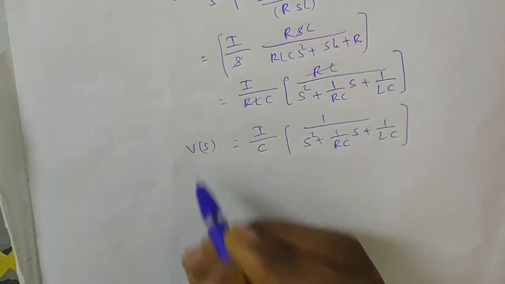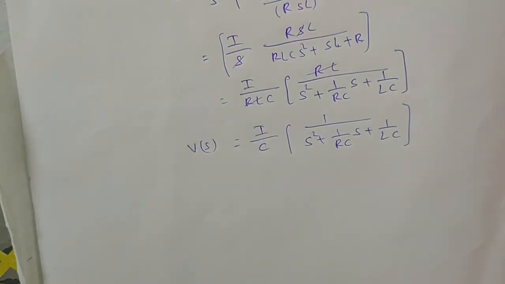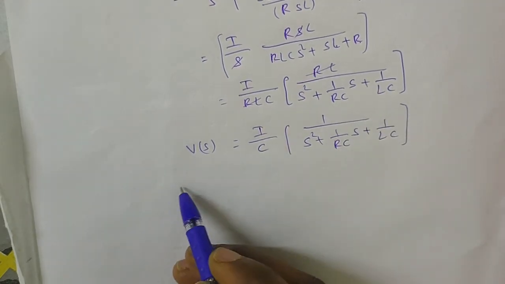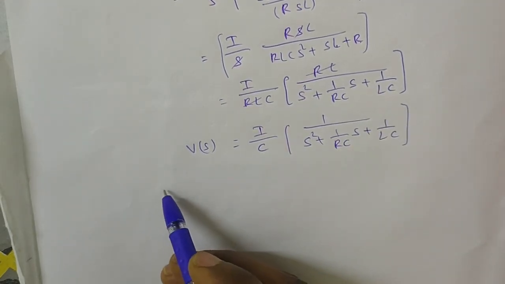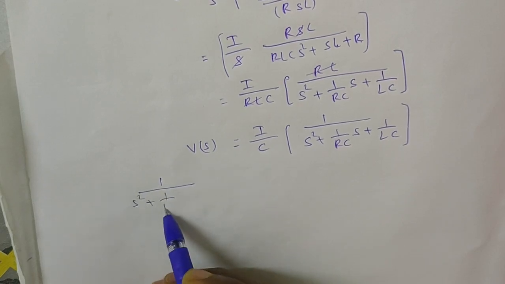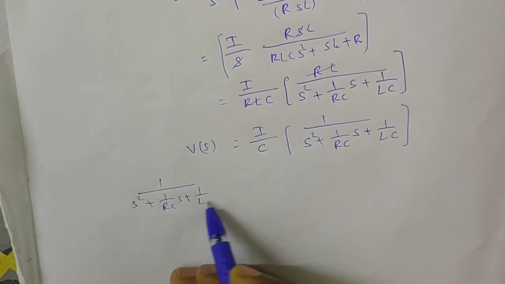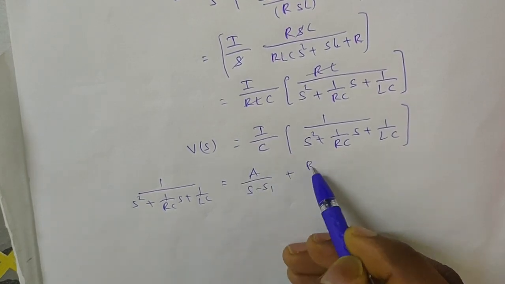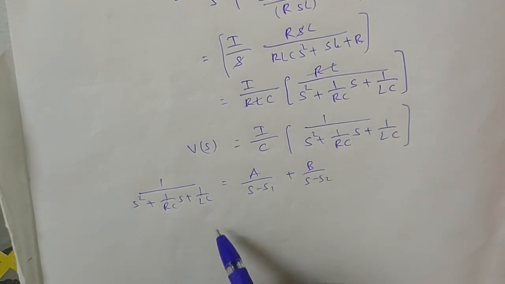This is the V of s expression. As we know, we will write this 1 by s square plus 1 by RC s plus 1 by LC as a times of s minus s1 plus b times of s minus s2.